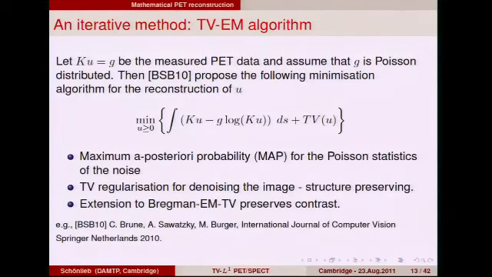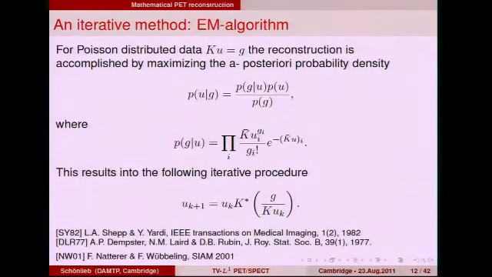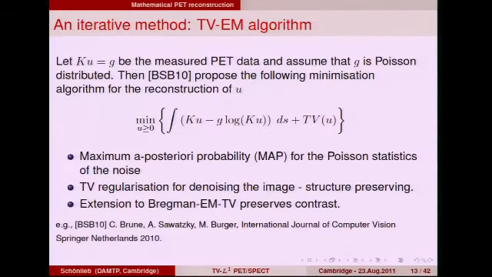This term here is the fidelity term for the Poisson distributed case. It's basically just what we have seen before, the maximization of the a posteriori probability, phrased in a variational framework as a minimization, not a maximization. So this is the term for the noise model, and this is the term for the regularization.